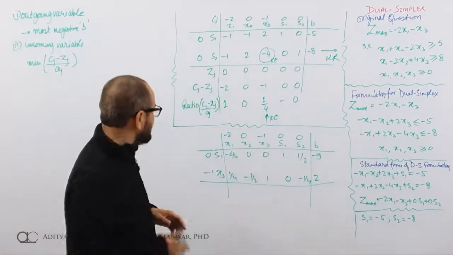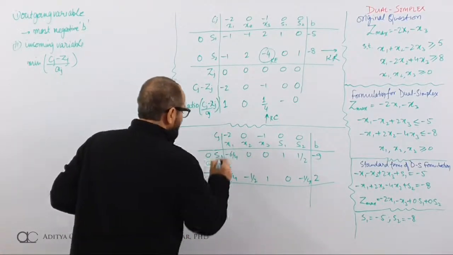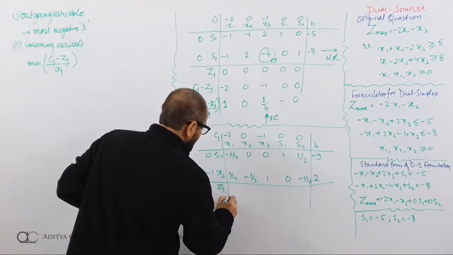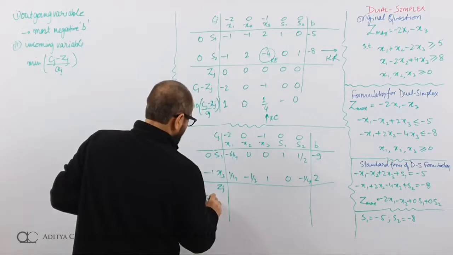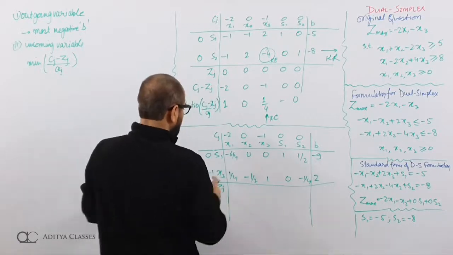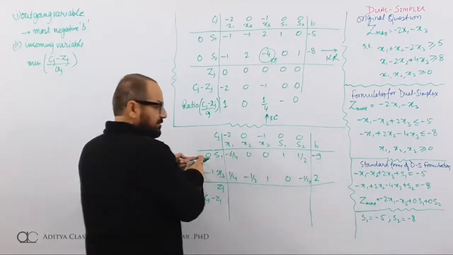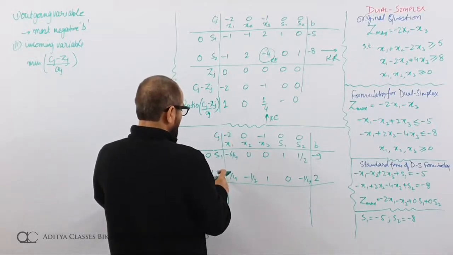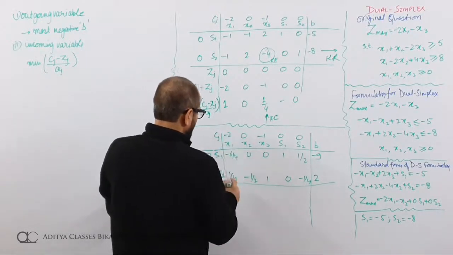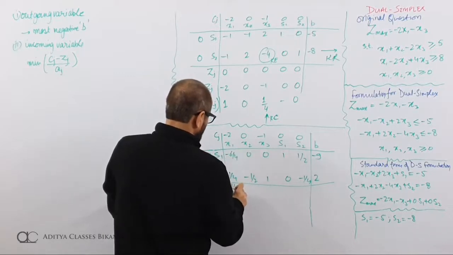Let me calculate Zj. We have our Cj, let us have our Zj. Then we can have Cj minus Zj. Now these all will be multiplied to 0 at some point of time, so we can leave them. This will be minus 1 by 4.